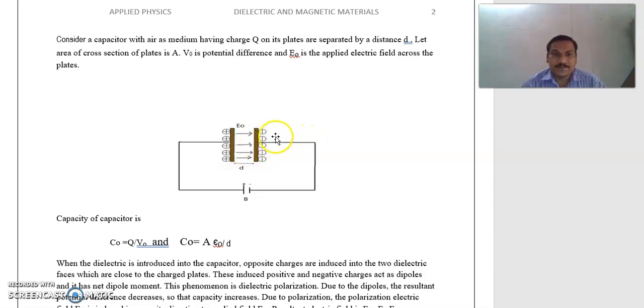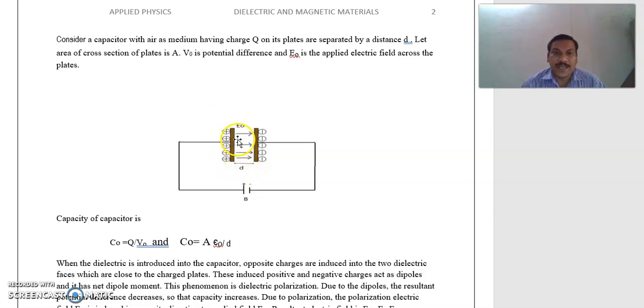Then the electric field is applied from the positively charged capacitor plate to the negatively charged capacitor plate, taken as E naught. Next, the potential difference formed between the two capacitor plates is taken as V naught. The distance between the two capacitor plates is taken as small d.